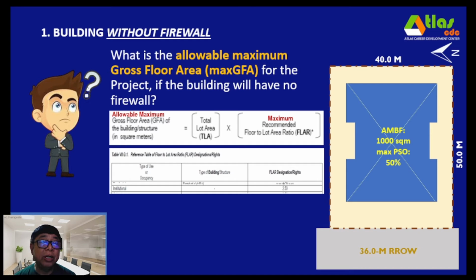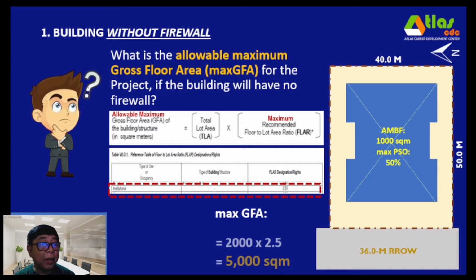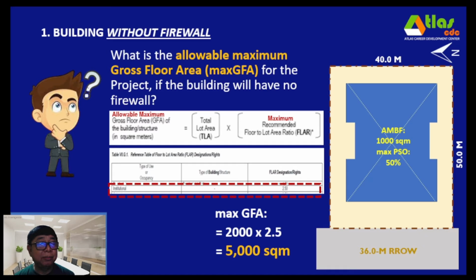So here we see that for institutional, our designated FLAR is 2.5 maximum. And so that means we just multiply our TLA of 2,000 with that designated maximum FLAR of 2.5, which will give you 5,000 square meters as your allowable maximum GFA.